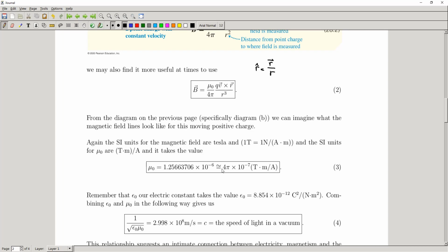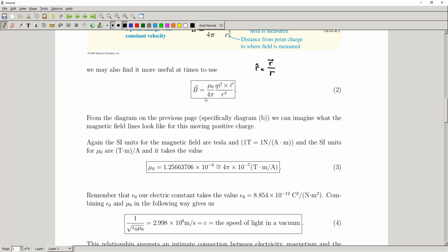But this is very close, if you do the calculation, to basically just 4 pi times 10 to the negative 7, which is kind of nice because whenever you see this collection of units or variables, you can just replace it with 10 to the negative 7. Because you'd have 10 to the negative 7 times 4 pi on the top, but that 4 pi is going to cancel with the 4 pi on the bottom, and the whole thing just works out to be 10 to the negative 7. Okay, so that's how we'll use it in the future.